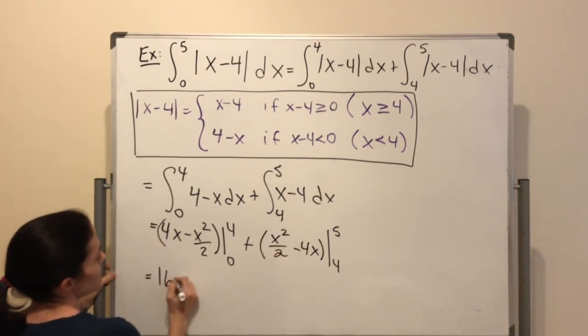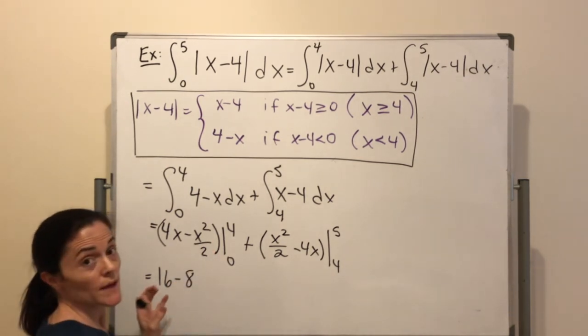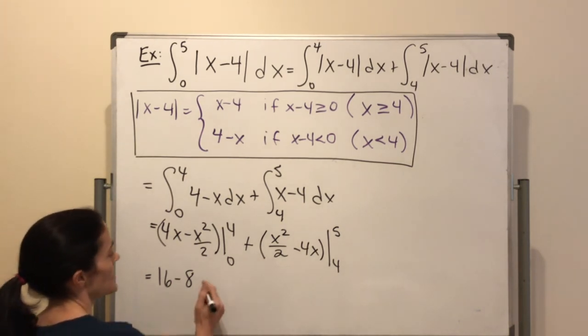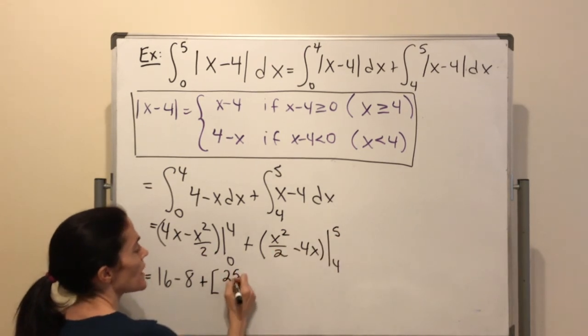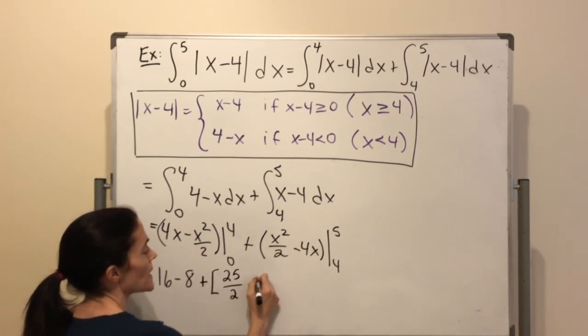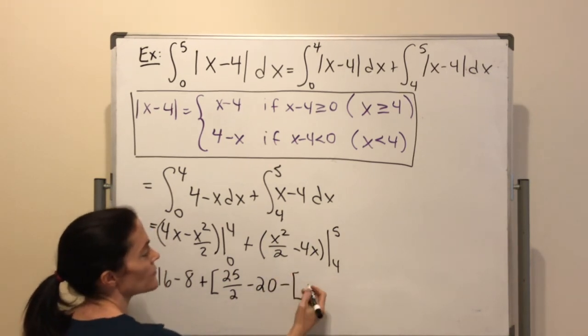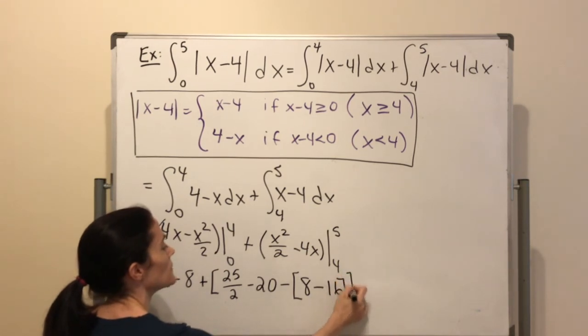This is 16 minus 8. Then when we evaluate at the lower limit of integration, we get 0, okay? And then plus, evaluating at 5, we get 25 over 2 minus 20. And then subtract off, evaluating at 4, we get 8 minus 16.